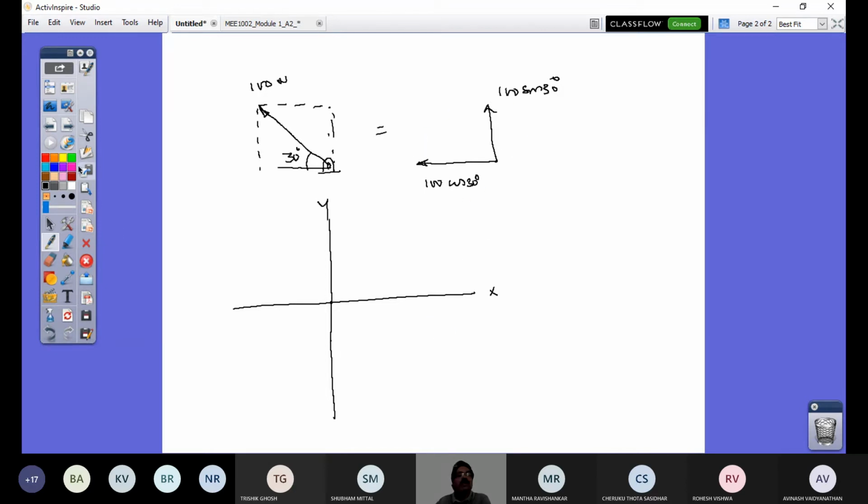For example, if I have a force here in the fourth quadrant, you would not have any difficulty in saying that I would have my Fx and Fy in these directions, provided this angle is always to the horizontal. Then Fx is F cos theta and Fy is F sin theta.